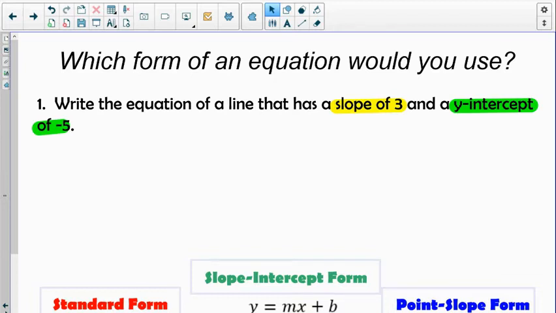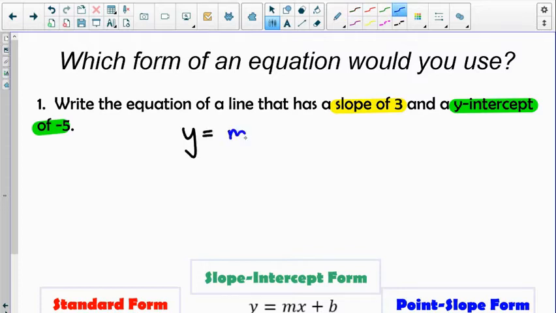Slope-intercept form is y equals mx plus b. All we need to do is replace the slope of the line and the y-intercept of the line. In this case, we see that the slope of the line is 3, so I have y equals 3 times x.